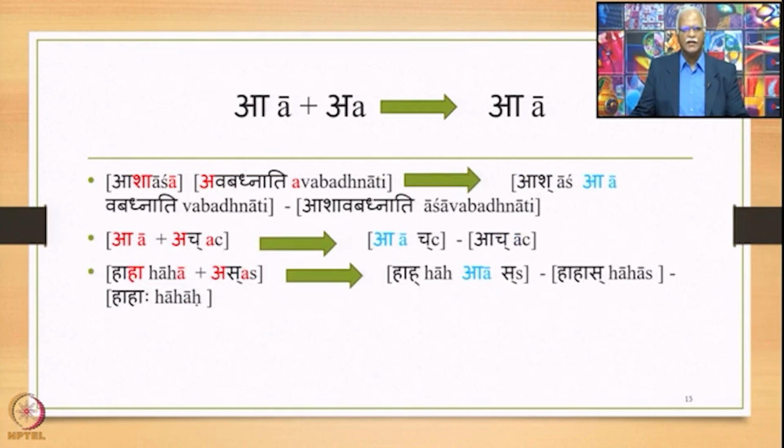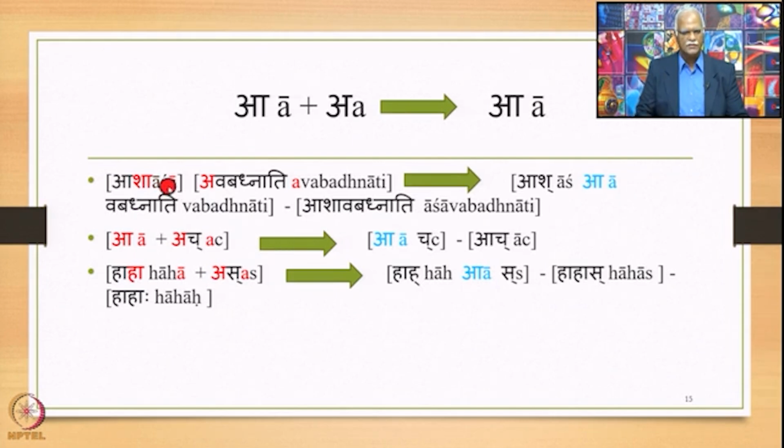Now let us look at the examples where A plus A is the input, 6.1.101 applies and generates the output in the form of long A. So we have Asha plus Avabadhnati. This is a sentence. These are the two padas, and here we have A followed by A, Asha and Avabadhnati.